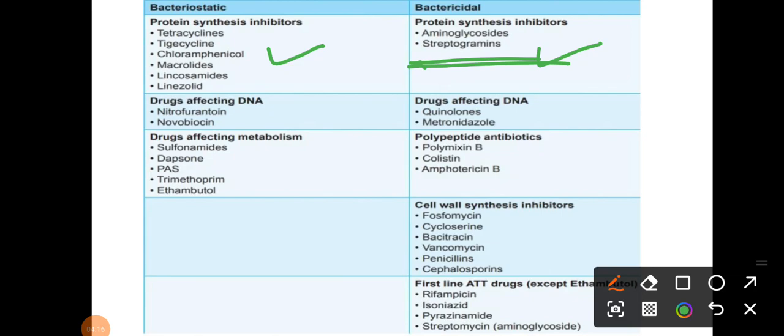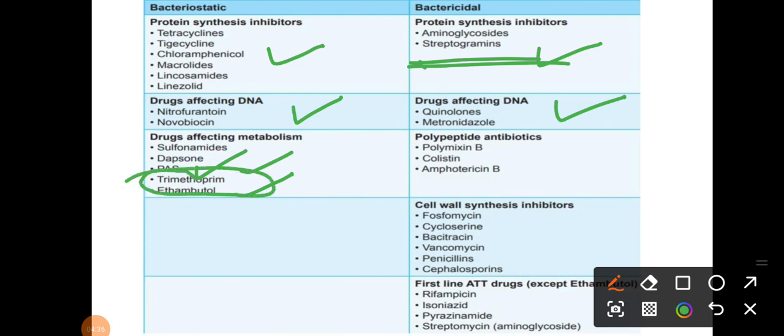Then another, drugs affecting DNA. So please remember the bacteriostatic one and bactericidal one. Then drugs affecting metabolism, that is sulfonamide, dapsone, para-aminosalicylic acid, trimethoprim, ethambutol. These are bacteriostatic.